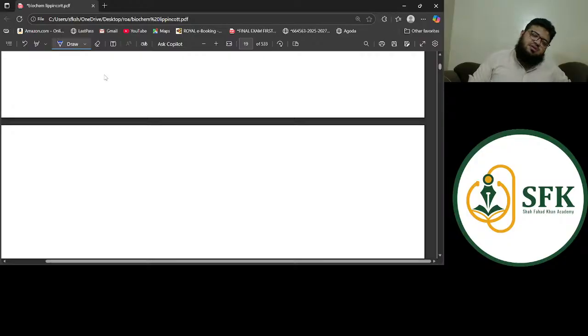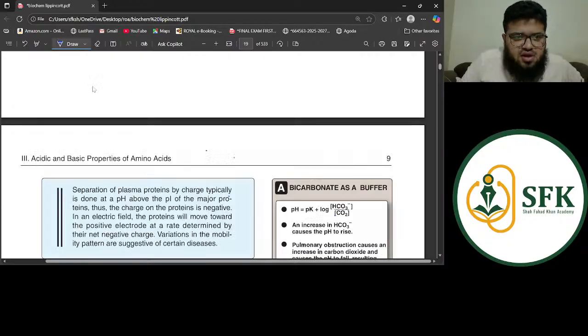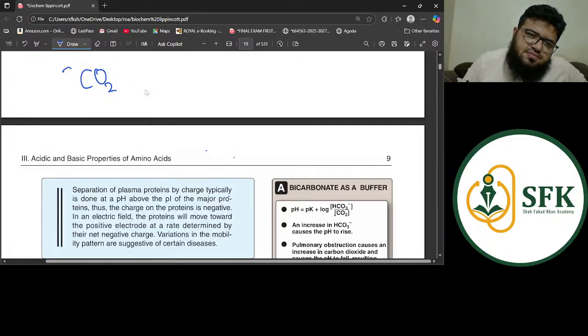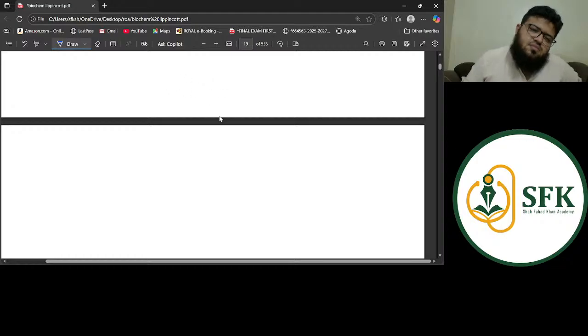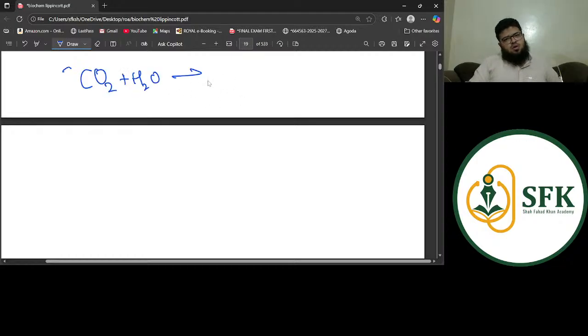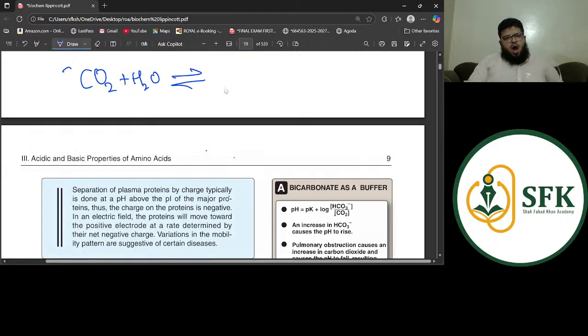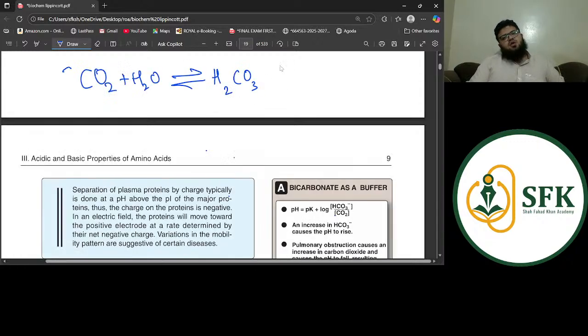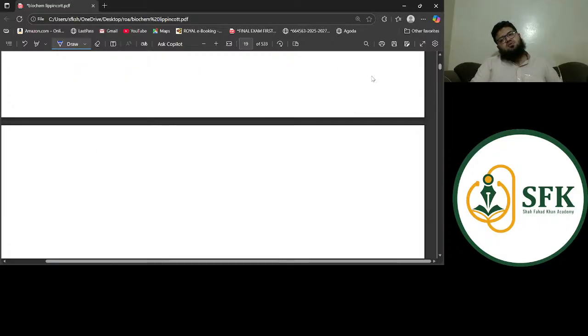Carbon dioxide that is dissolved in the blood plasma, basically. Carbon dioxide is coming from the tissues. So when carbon dioxide dissolves in water, it's going to form carbonic acid. And then this carbonic acid can dissociate to form H positive ions along with bicarbonate ions.